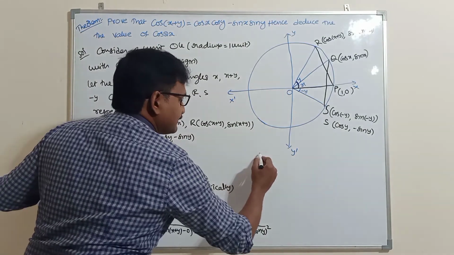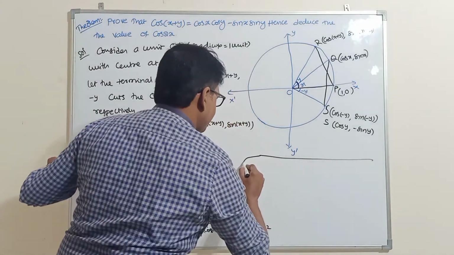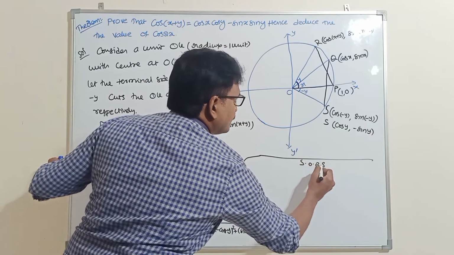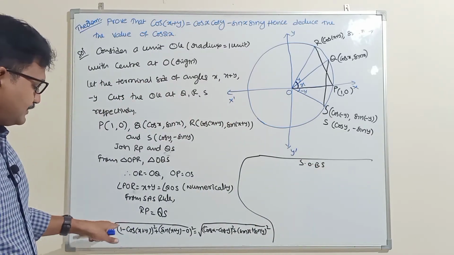Next, squaring on both sides, the square root gets cancelled.